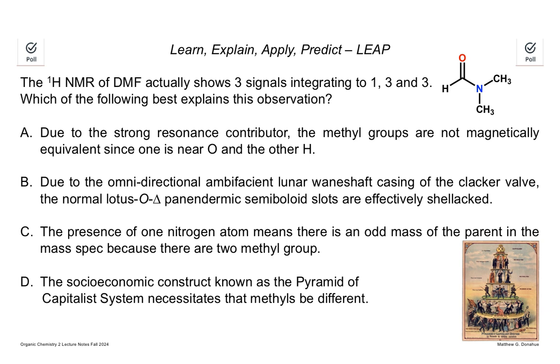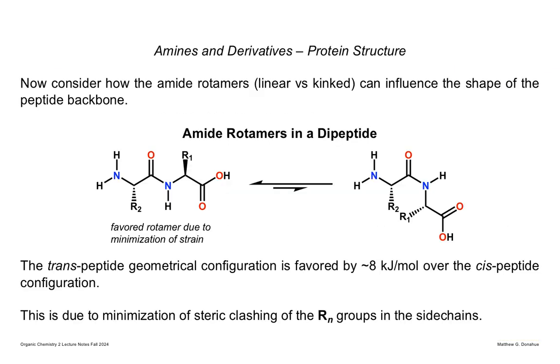And again, that is due to oxygen being more electronegative than nitrogen, which pushes that lone pair up onto the oxygen. And so here is where it ultimately falls out.